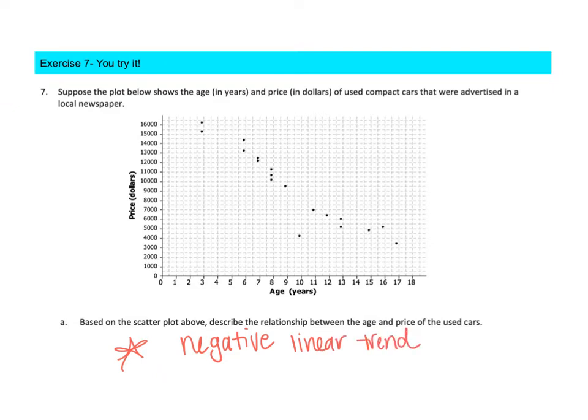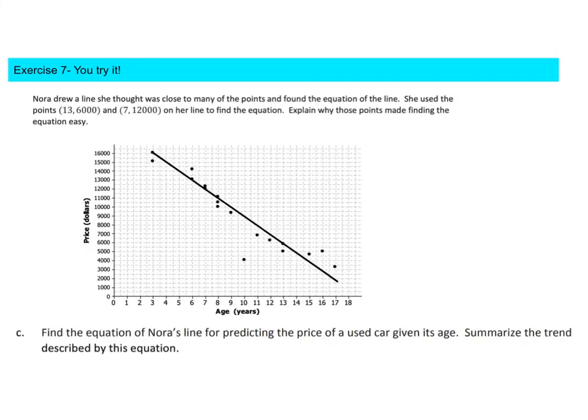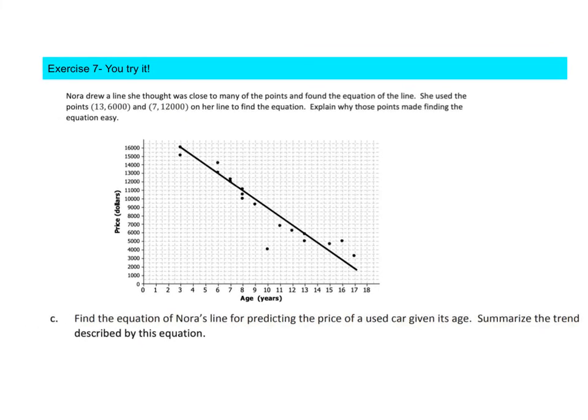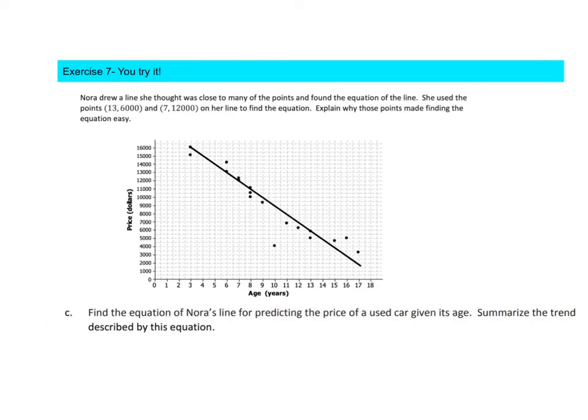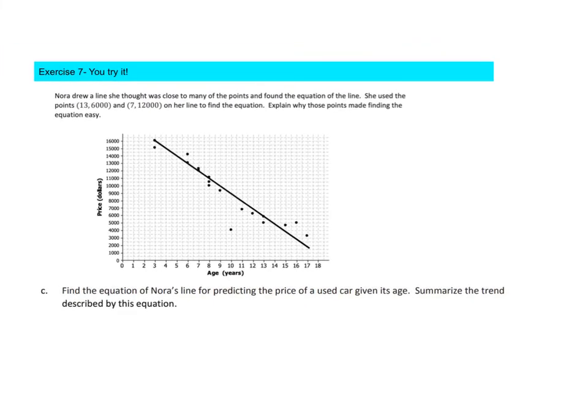All right, moving on. Here it says Nora drew a line she thought was close to as many points and found the equation of the line. She used the points (13, 6,000) and (7, 12,000) on her line to find the equation. Explain why those points made finding the equation easy. Well, we talked about this before, that they make it easy because they're whole numbers.